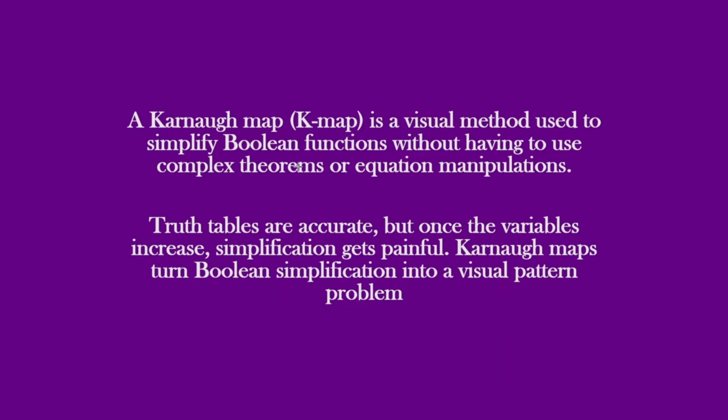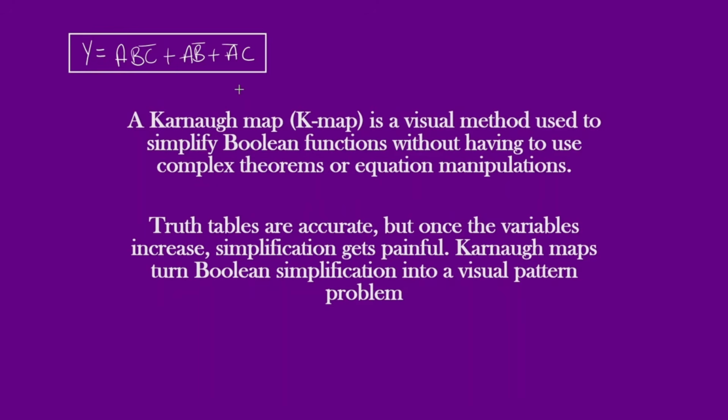So very simply, a Karnaugh map or a K-map is a visual method used to simplify Boolean functions without having to use complex theorems or equation manipulations. Let's say we're dealing with a Boolean algebra expression like AB not C, or A not B, or not A not C. This is a Boolean algebraic expression.